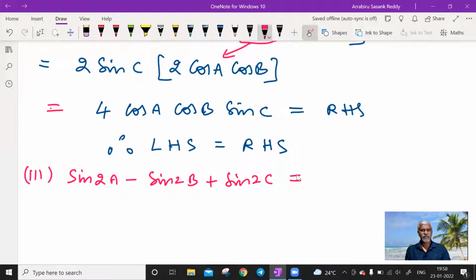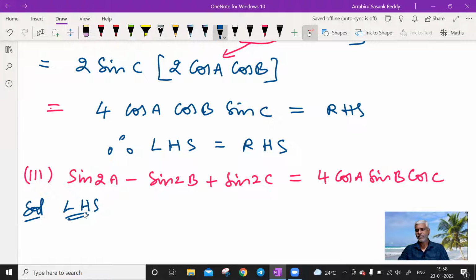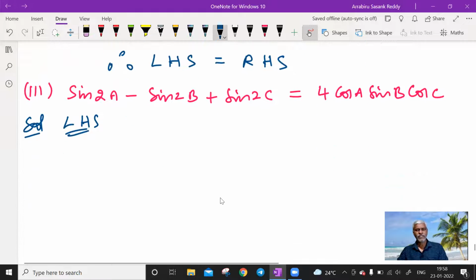If you take the second term as minus, the answer becomes 4 cos A sin B cos C. Almost all three parts are similar, only the minus changes.